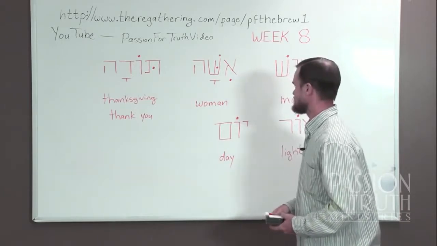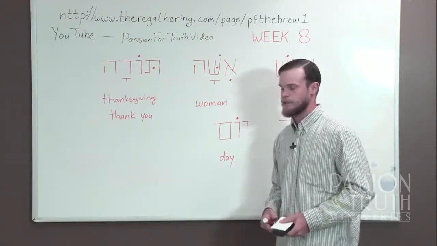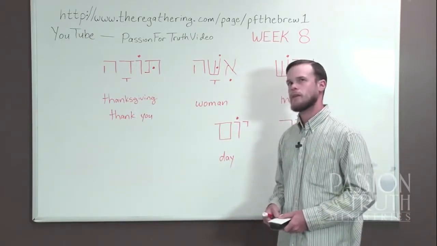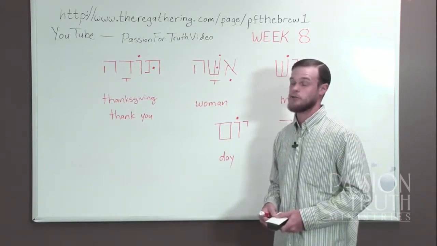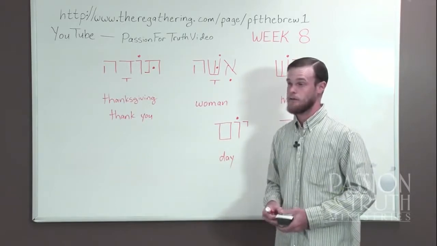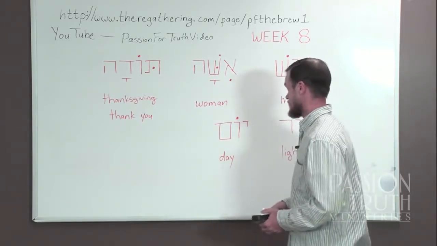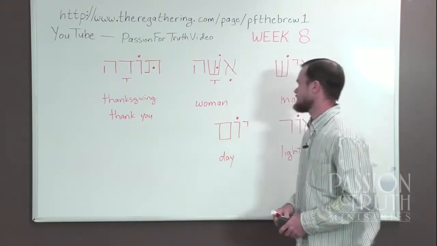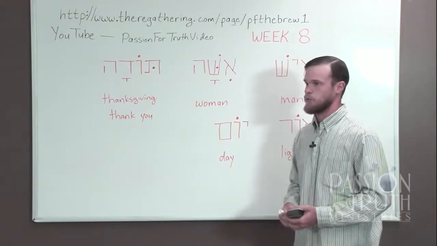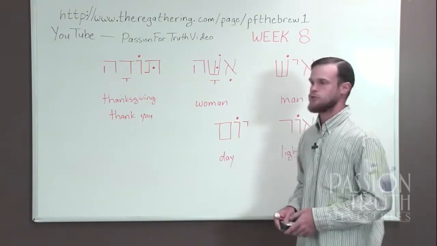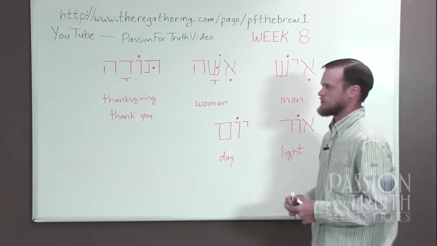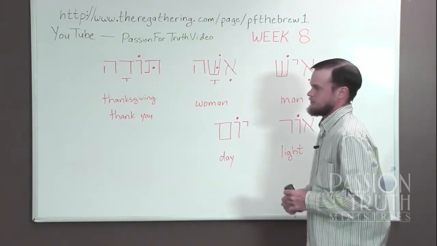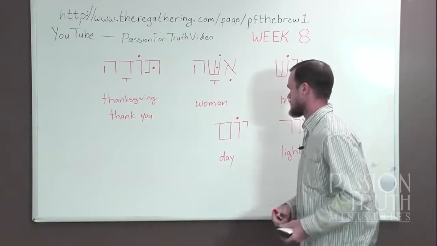HaKippurim, yes. If you look up Leviticus 16, I don't know if Leviticus 16 even calls it that, but Leviticus 23 certainly does. It calls it the Day of Atonements. Not that there's anything wrong with saying Yom Kippur, but just thought I'd point that out. It's just not the exact term that's used in the scriptures.